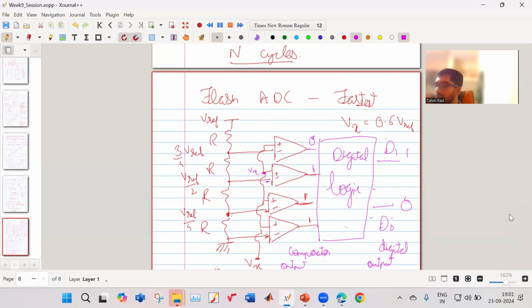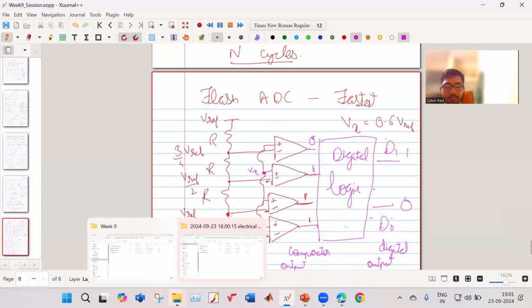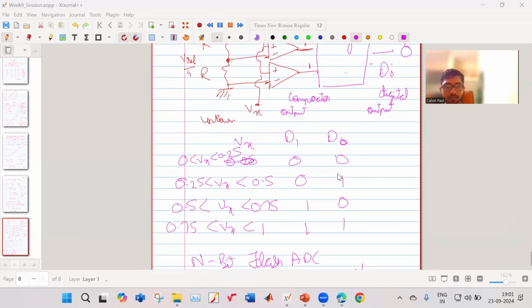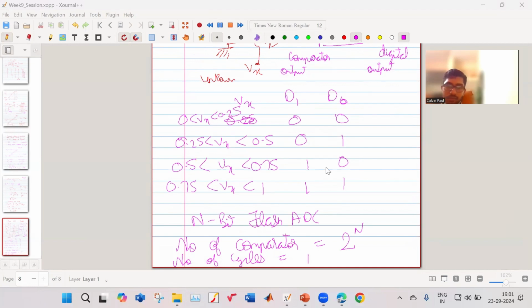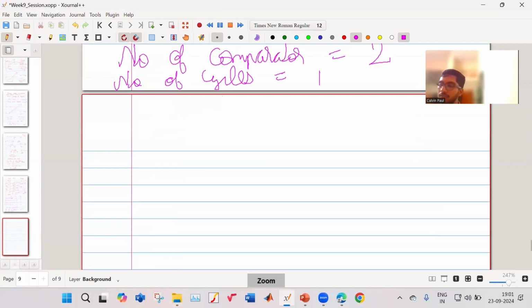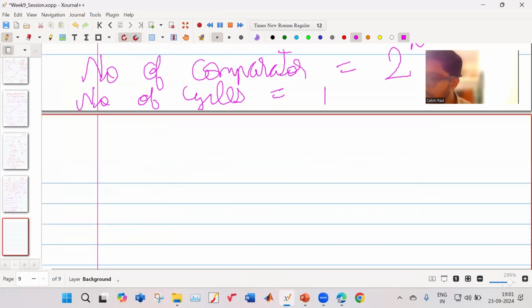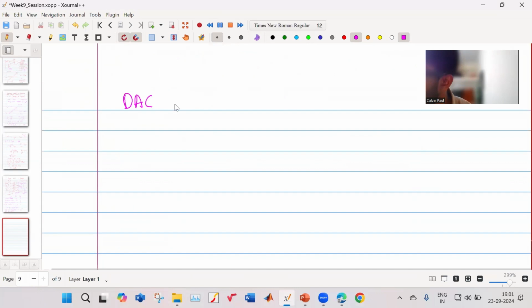So, clear, any questions? So now we'll go to the next topic, which is DAC, that is digital to analog converter.